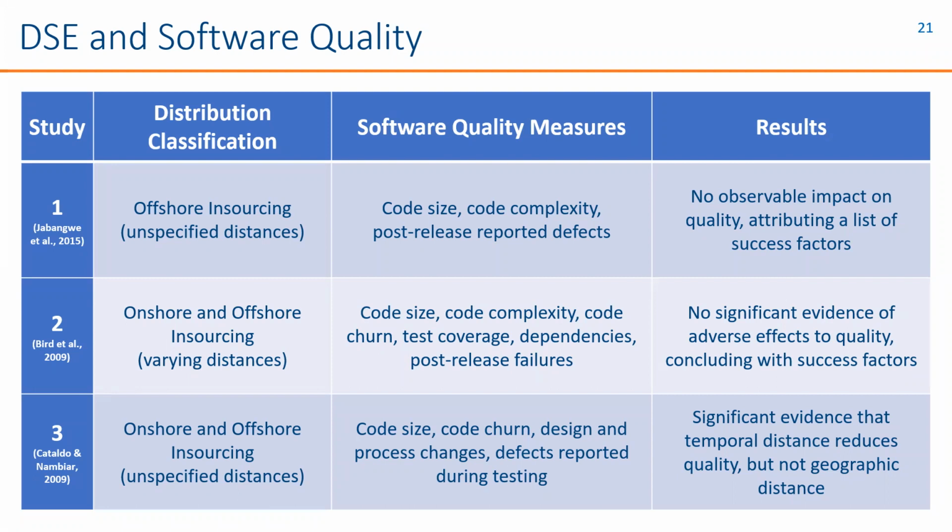They used failures found during system testing and integration testing, because post-release failures don't happen that often with real-time embedded systems, apparently because they have very high quality control mechanisms. Anyways, they did end up finding that there was statistically significant evidence that temporal distance reduces software quality, but not geographic distance.